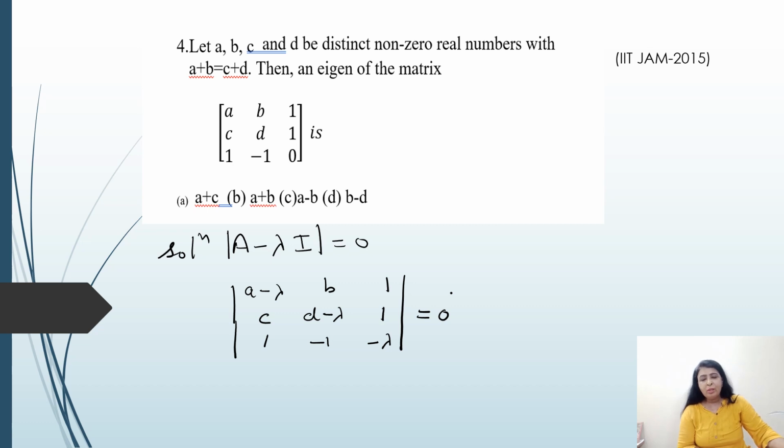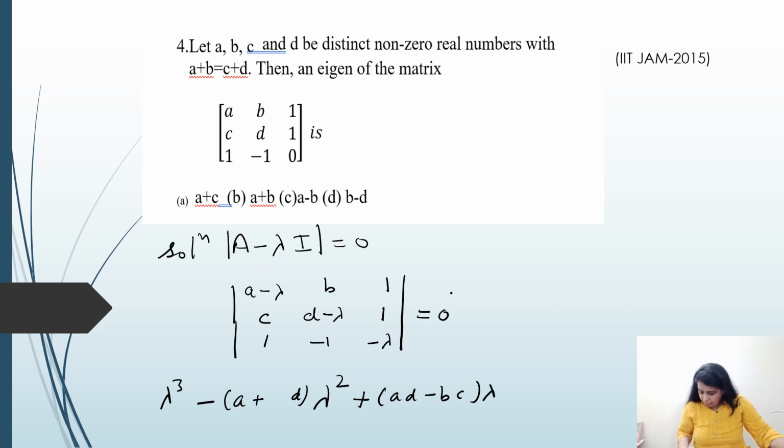So just expand this. On expanding it, you will get the equation as λ³ - (a + d)λ² + (ad - bc)λ - (a(a + b) - c - d) equal to 0.